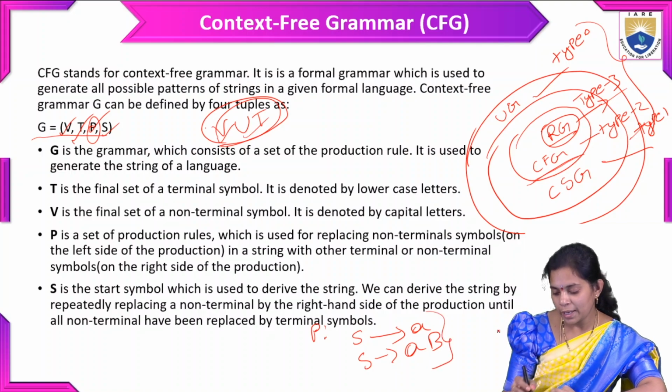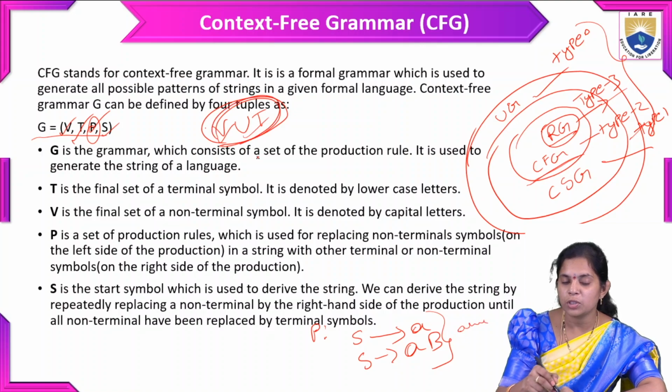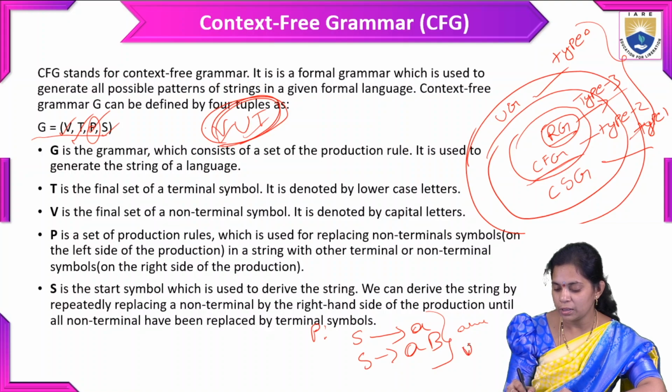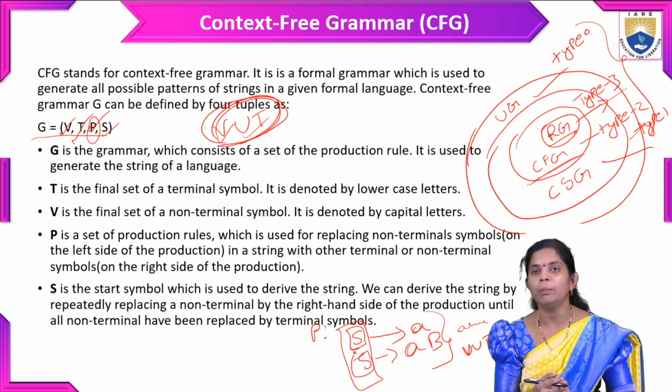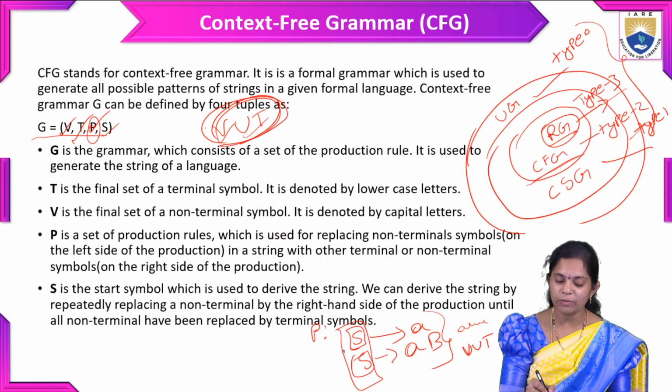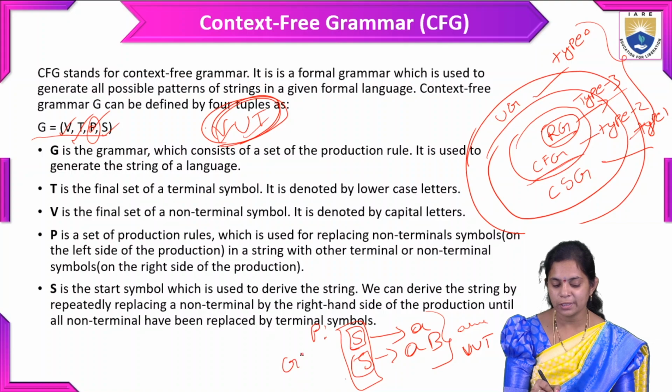On the right-hand side we can write any number of productions, like V union T. But coming to the left-hand side, we have only a single non-terminal for each and every production. This is the thing we need to observe in the context-free grammar.